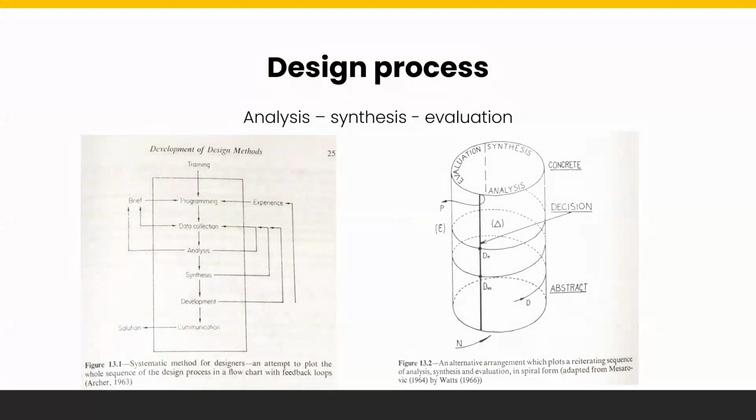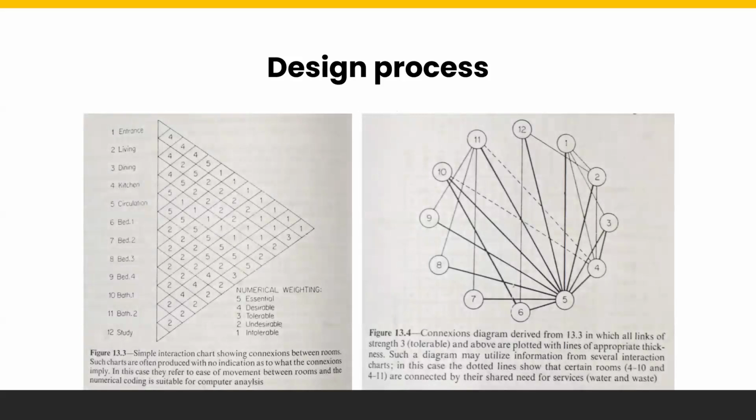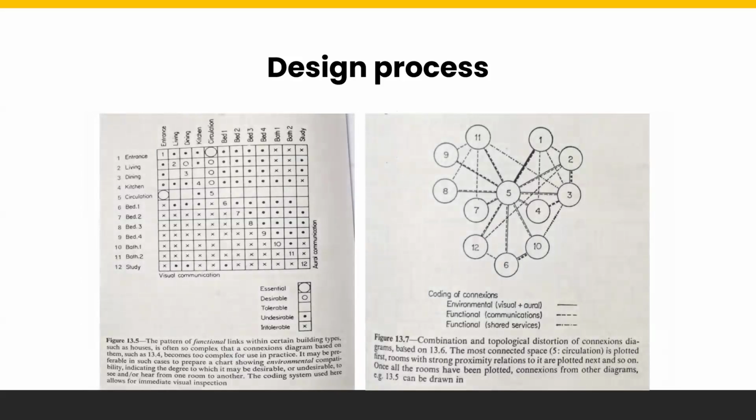Some, instead of a linear path, use a circle, which is quite the same. Some people agree, some don't, which is why they make different kinds of graphics, like this table. Next. This is also a way of making a matrix: which must be close, which is important, which isn't, and so on. Next. This is also a different way of deciding what has to be close to what room, for instance, or which must be connected. You can use this too. Next.